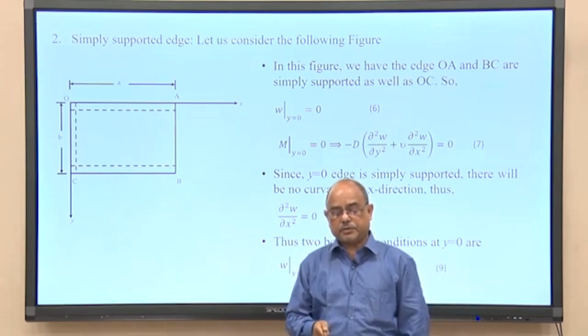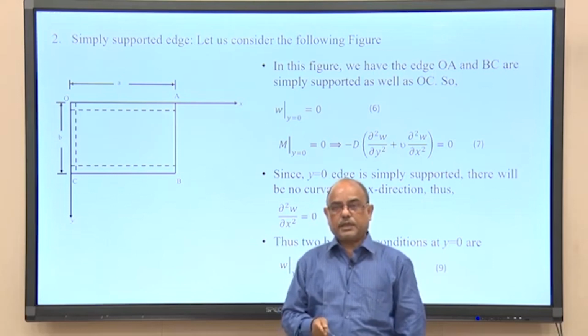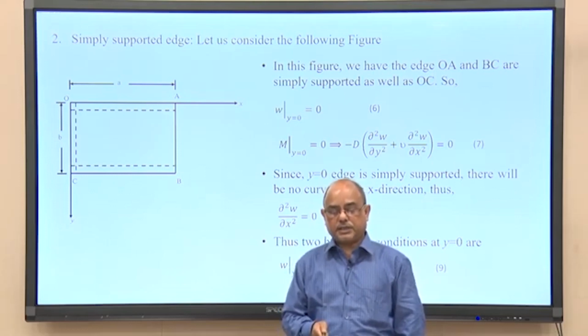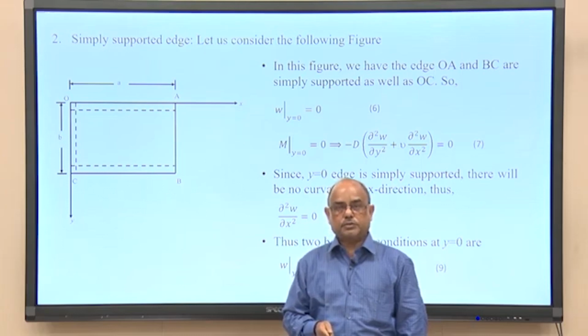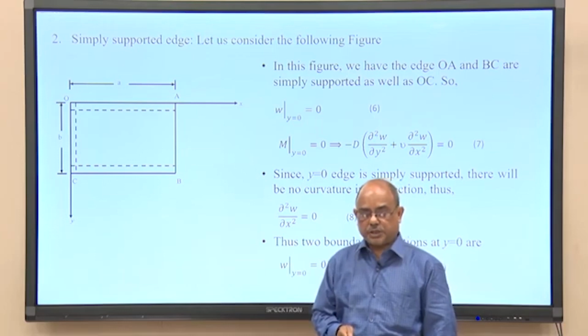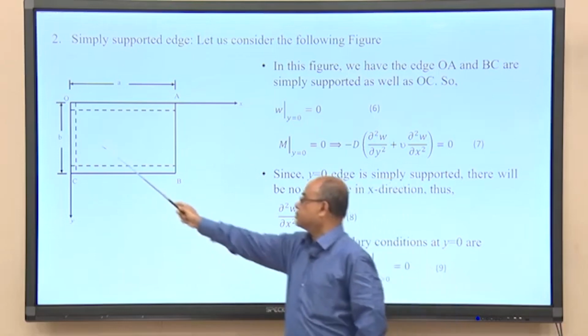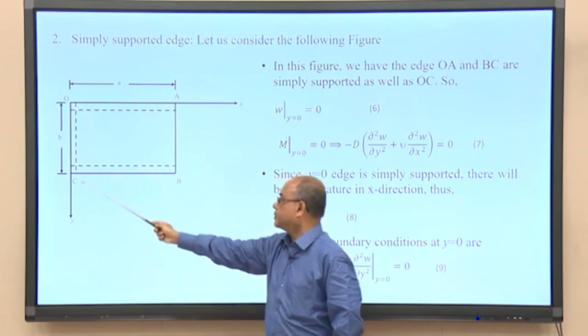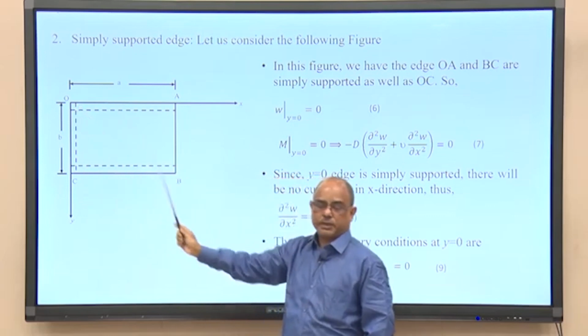So, simply supported conditions are here in the drawing. It is seen that OA is simply supported, OC is simply supported, and BC is also simply supported. That means x is equal to 0, which is your OC, so the OC edge is simply supported.